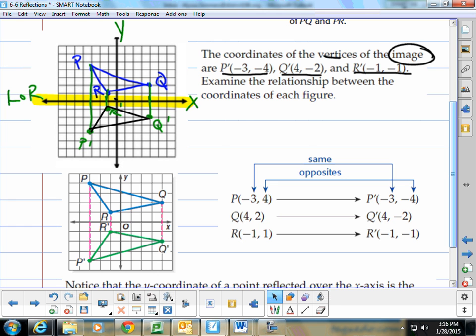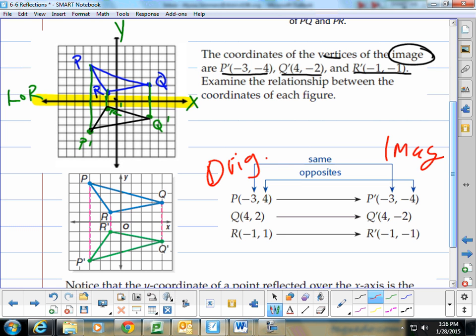Here's what we find out. Our original image and our new prime image after the reflection: notice our x values are staying the same, whereas our y values are their opposites.